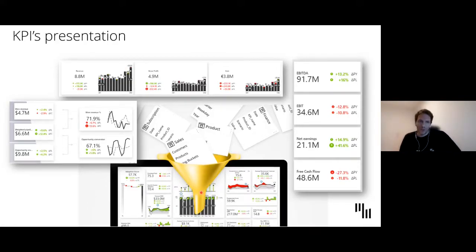Let's continue with the next one, and that would be the KPI presentation. Because the performance of the main KPIs is typically the starting point of a report or a dashboard or data exploration process in general. Yet for some reason, these examples are oftentimes presented with bad reporting and visualization methods. Like, for example, those big numbers that we were looking at in the example before at the beginning, that are without any context or comparison.